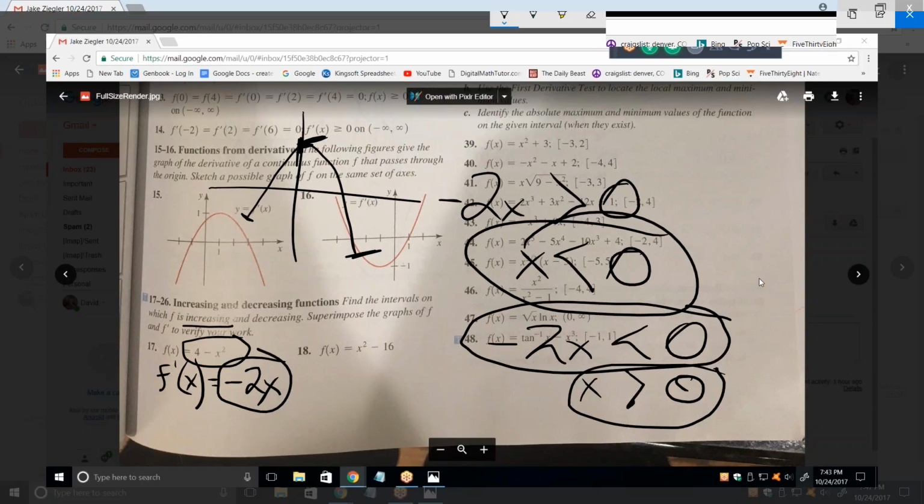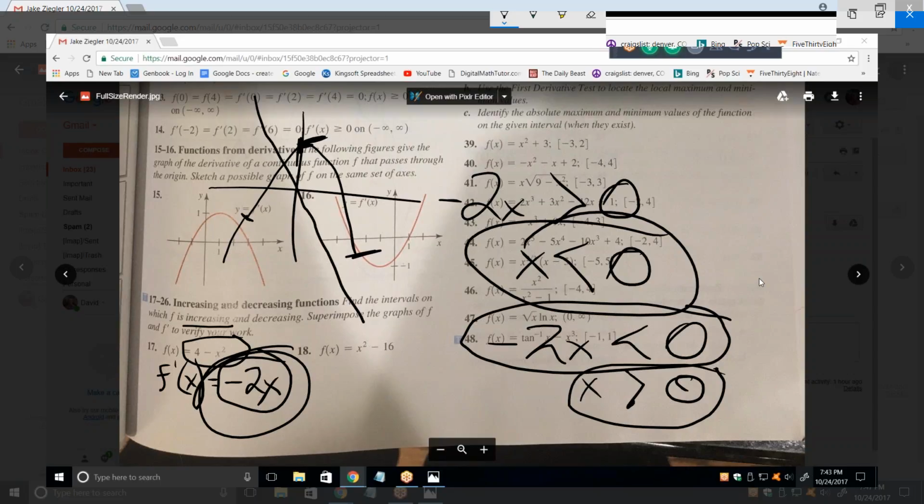Now, it says superimpose the graphs of f and f prime to verify your work. Well, that's an easy enough graph of the original function. That's not hard to do. And the first derivative is not hard to do either. Minus 2x has a slope of negative 2, and it goes through the origin.